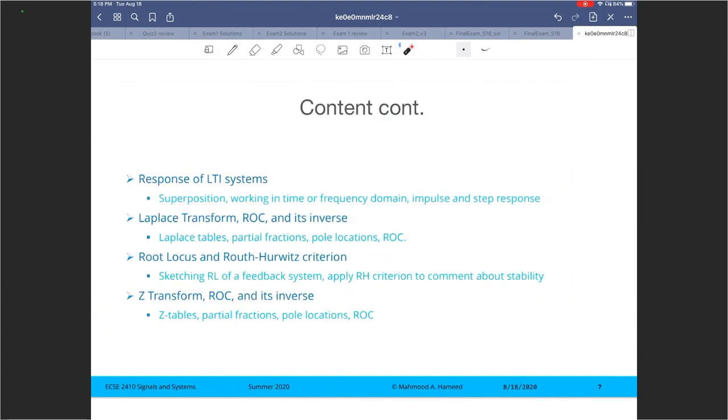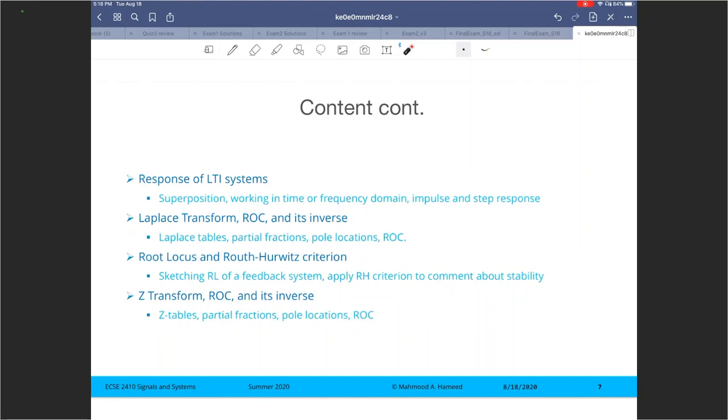The next topic I want to mention here is response of LTI systems. If there was one topic that could replace the title of the course, signals and systems, this would be it, response of LTI systems, right? That's a very major topic here.